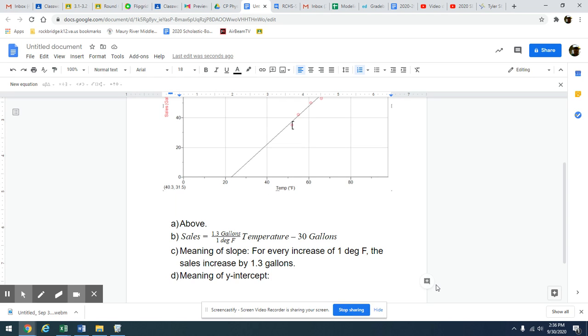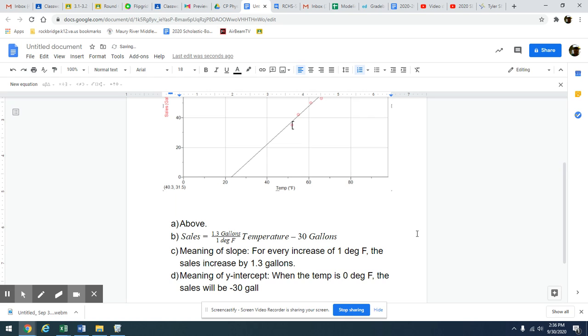So the y-intercept literally means when the temperature is 0 degrees Fahrenheit, the sales will be, according to the mathematical model, according to our equation, negative 30 gallons.